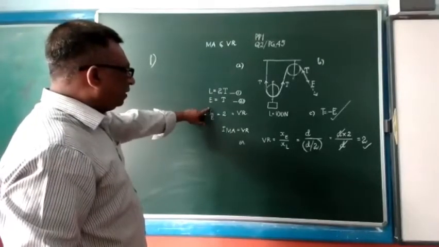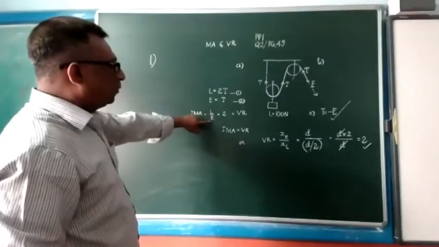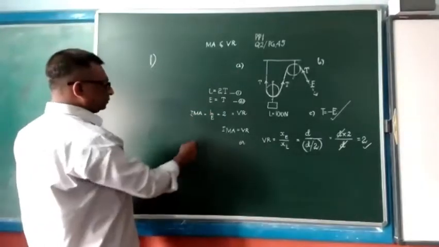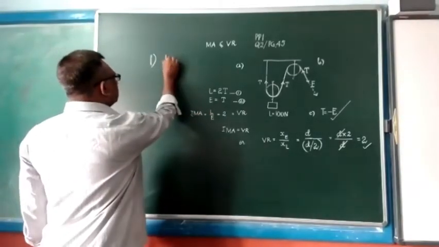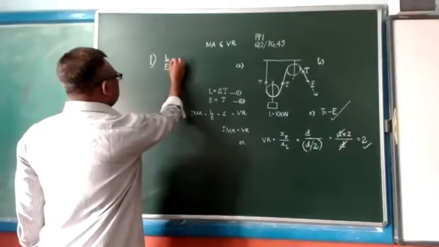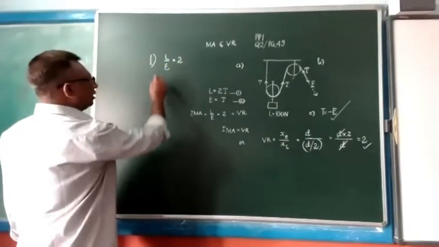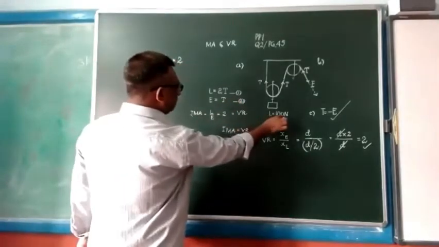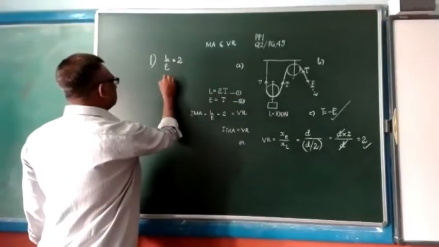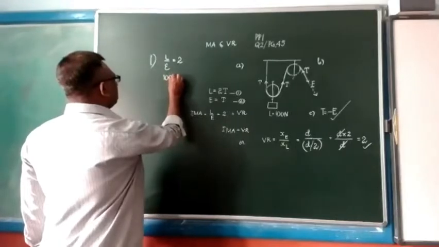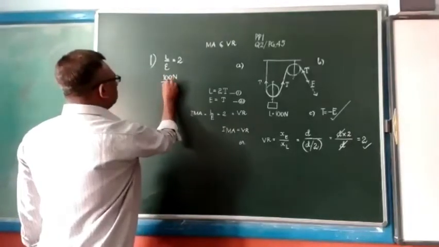L upon E. Look here. L upon E is equal to 2. L is 100 Newton, right here. 100 Newton in place of load.